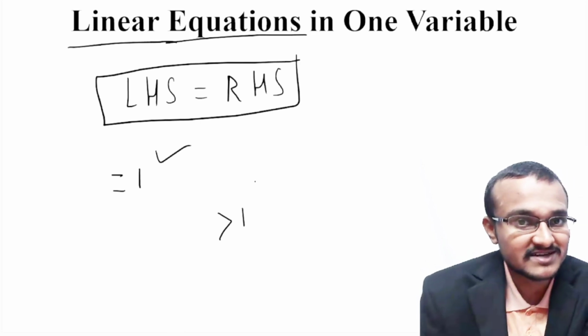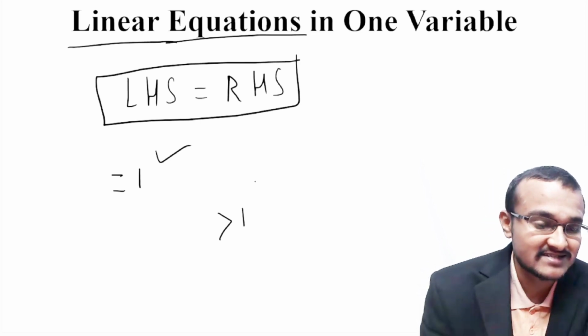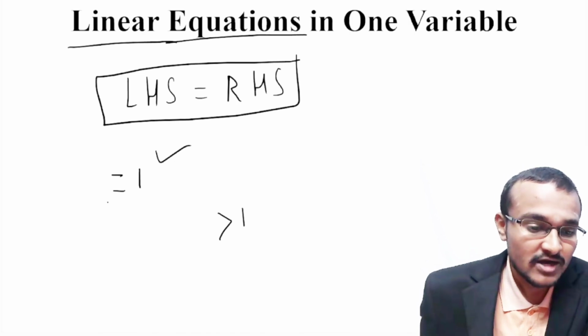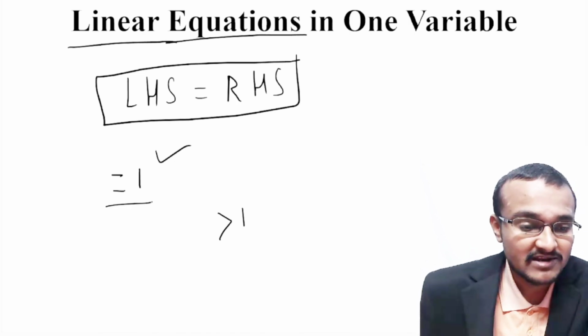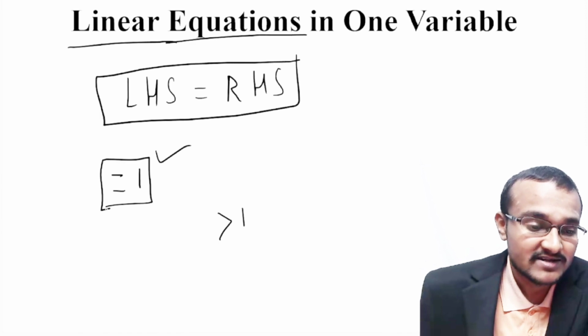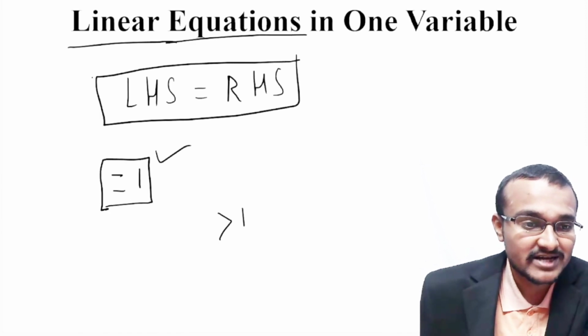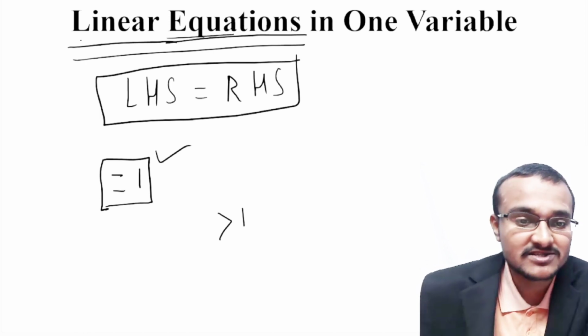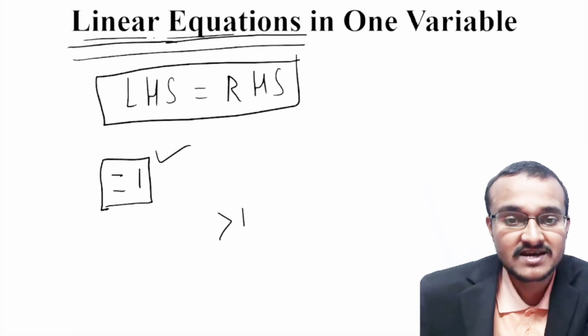We are not discussing higher order equations, only the first order equation, that is the linear equation, where the power of the variable is equal to 1. Now you have an idea about equations and linear equations.